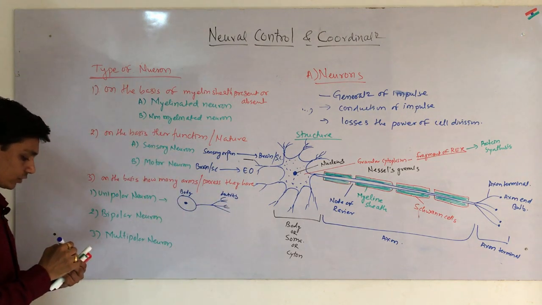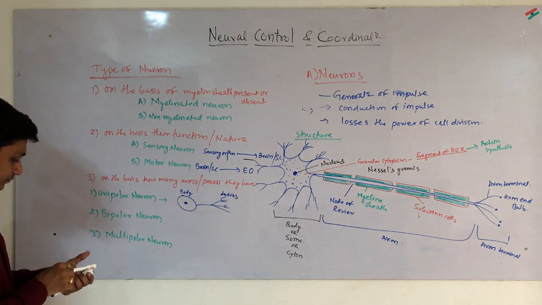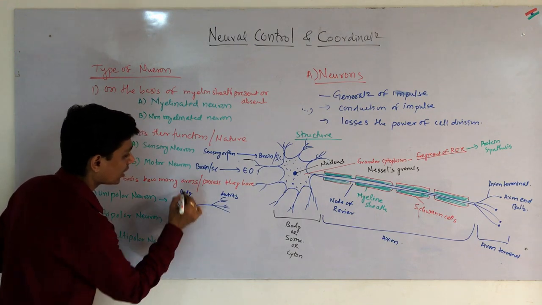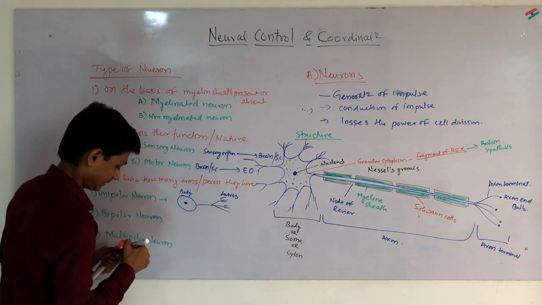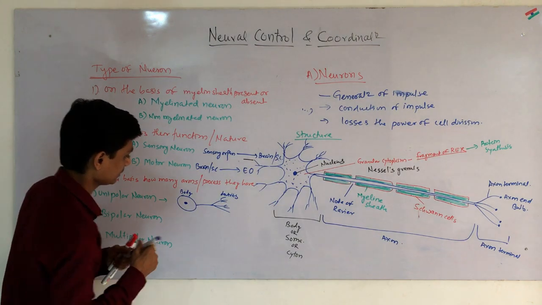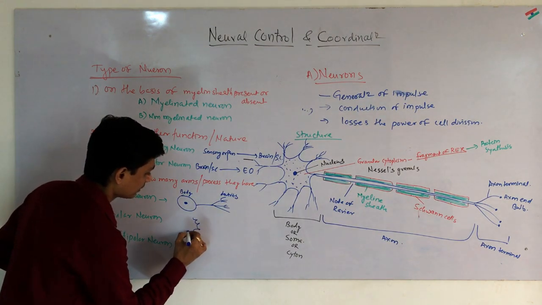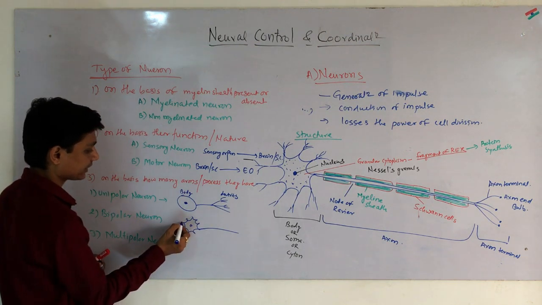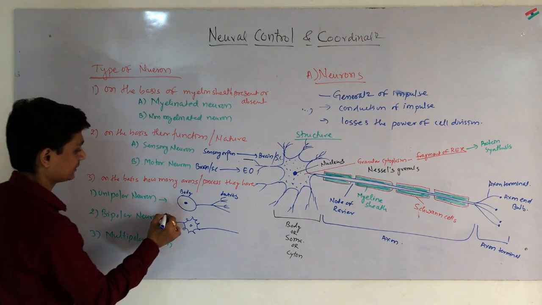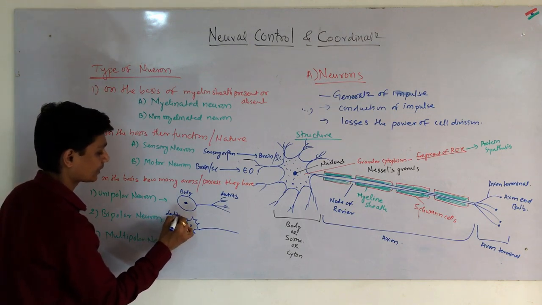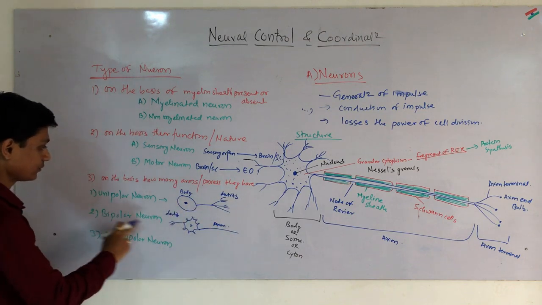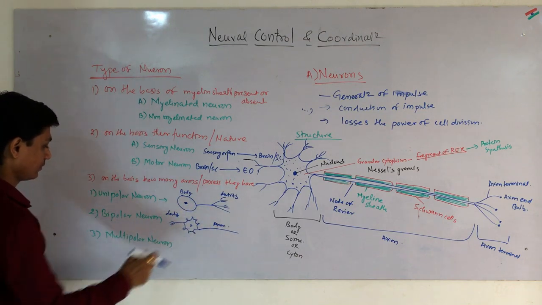Then bipolar neurons, in this, from the body two processes arise. See how it is. This is the body part, and from this one process, and second, a dendrite. This is the dendrite part, body part, and this is the axon. This is known as bipolar neuron.